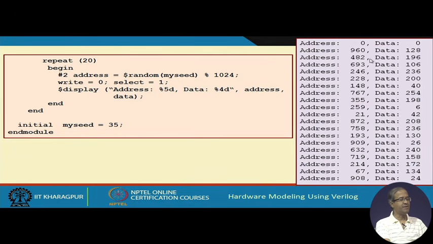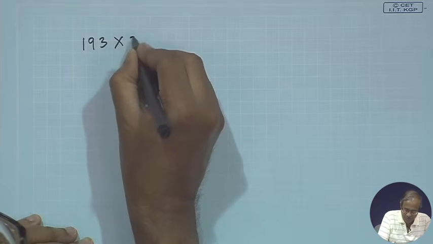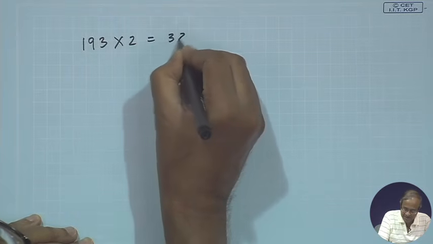These will be the random addresses. Like the smaller one you check, address is 21. So, what does address 21 contain? k plus k, which is 42. The other one also, 193. So, 193 is how much? 193 multiplied by 2, let us check. 193 multiplied by 2 is 386.